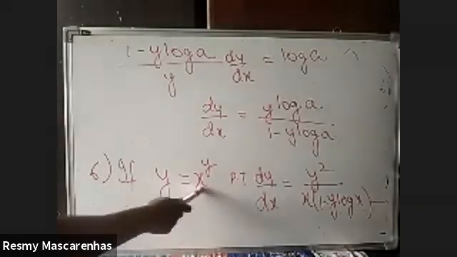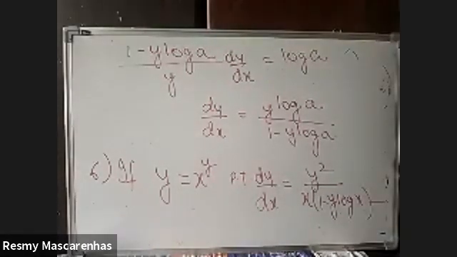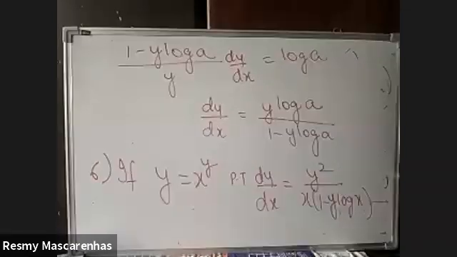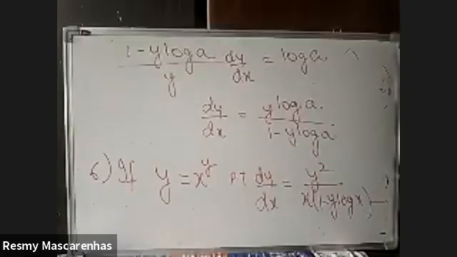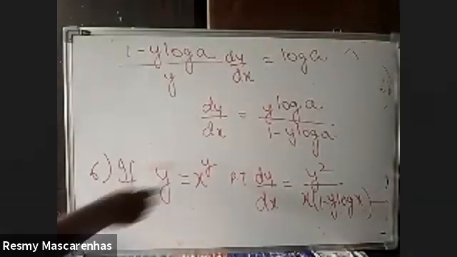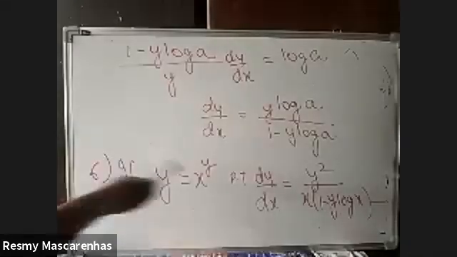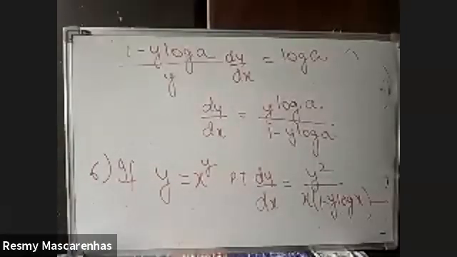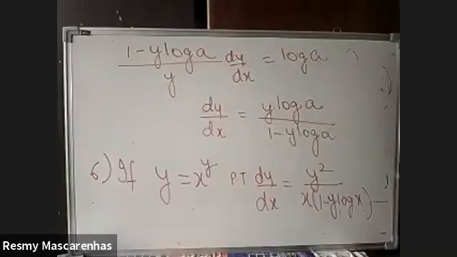Same way, take log on both the sides and then differentiate. Whenever you see a power like this, function raised to function or something, you have to take log, in order to simplify and then take the derivative.